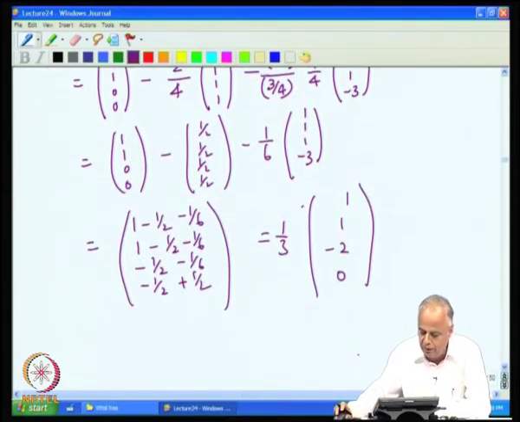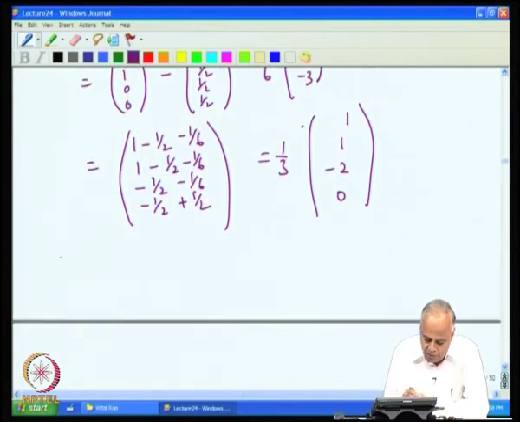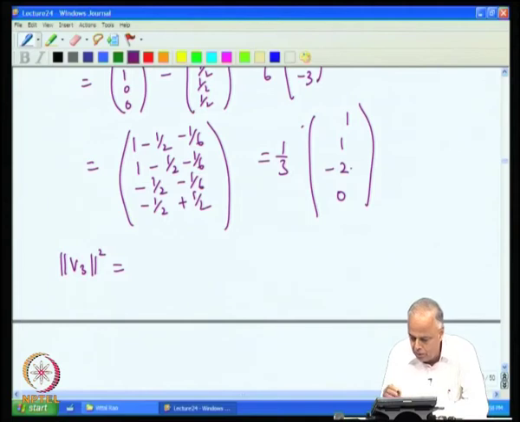So, that is what V 3 is. So, having got V 3, we will calculate norm V 3 squared, which is 1 plus 1 plus 4, 6 by 9.